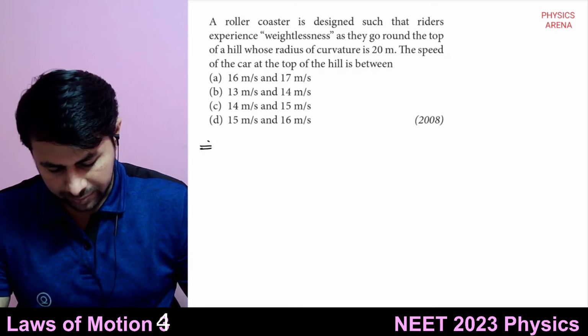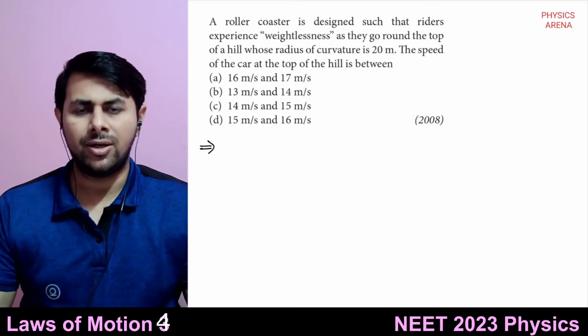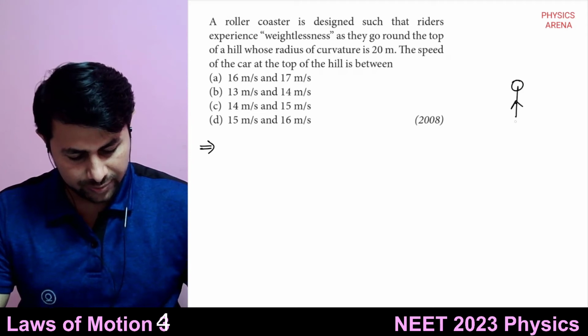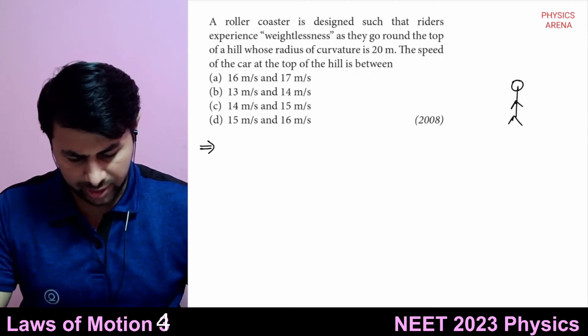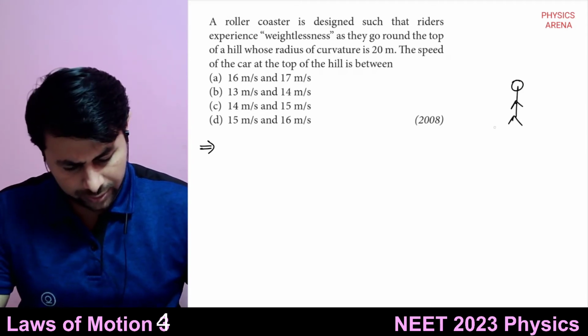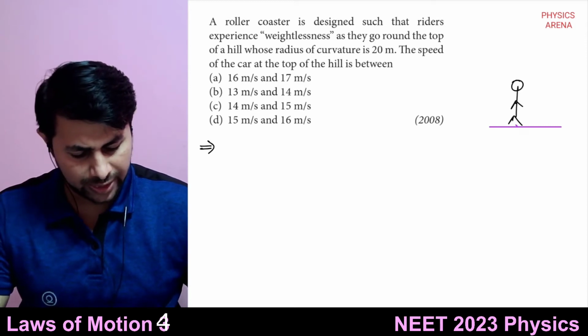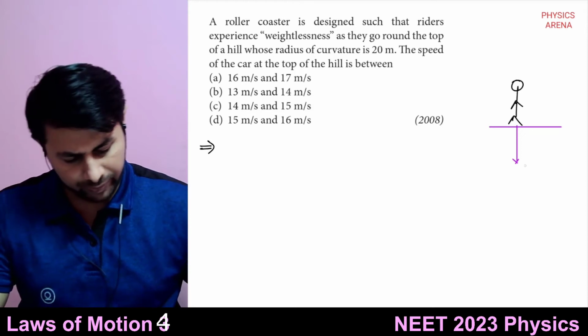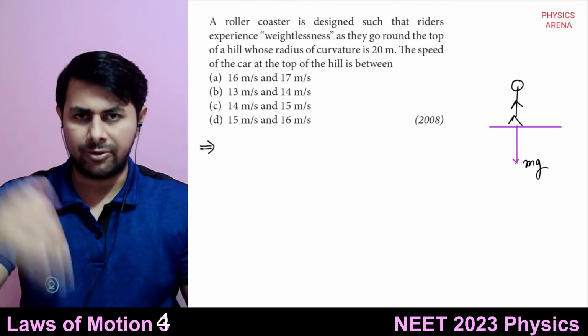So see, why do we feel our weight? Let's suppose there is a person, suppose this is me. There is gravitational force acting on me in the downwards direction. I don't feel my weight because of the gravitational force.